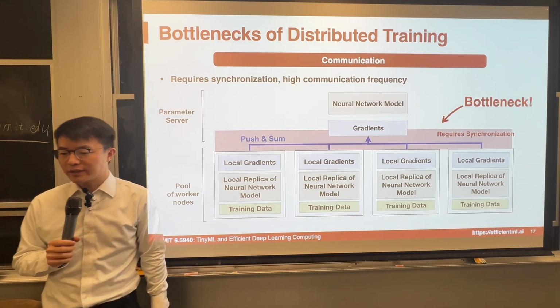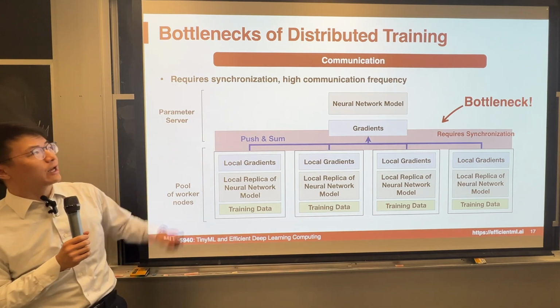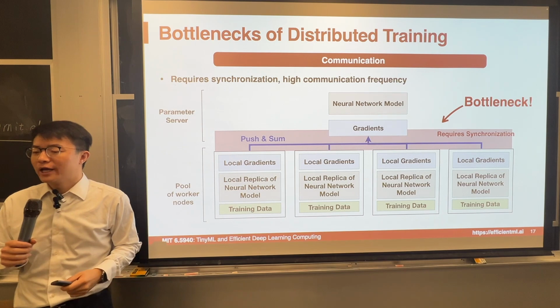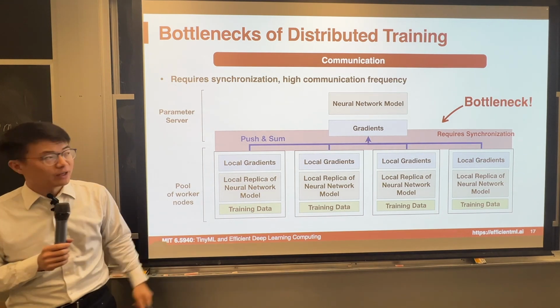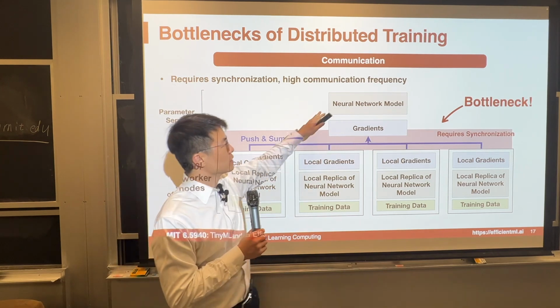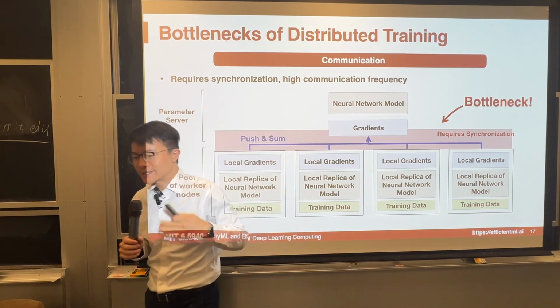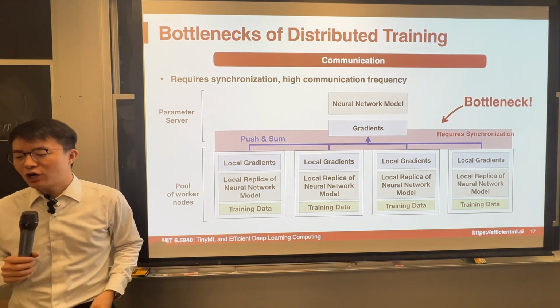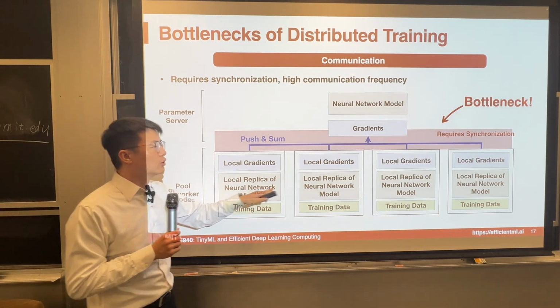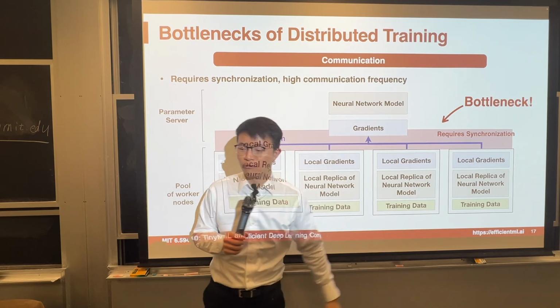So let's see the bottlenecks of distributed training in this slide. This is using the parameter server approach. We went through it in the last lecture. We first have a parameter server on the top. It's holding a single master copy of the neural network model. And we may have multiple workers, a pool of workers.